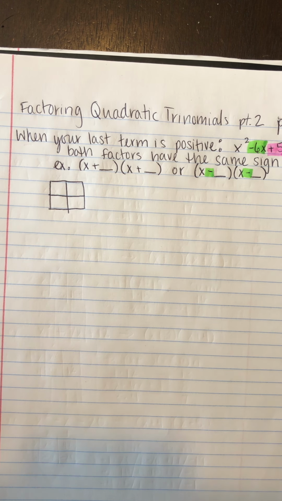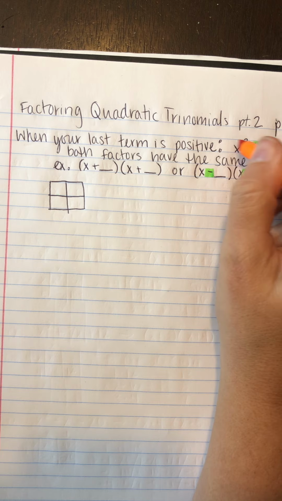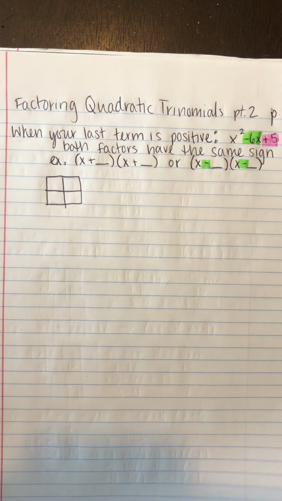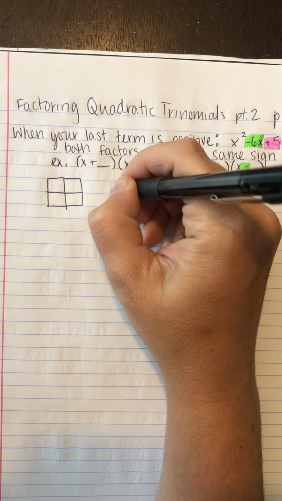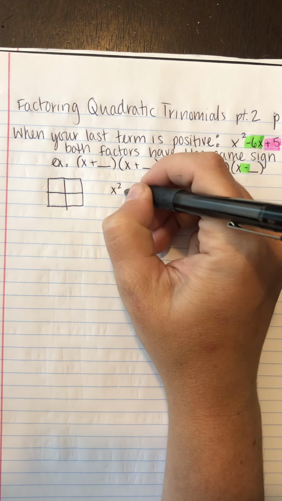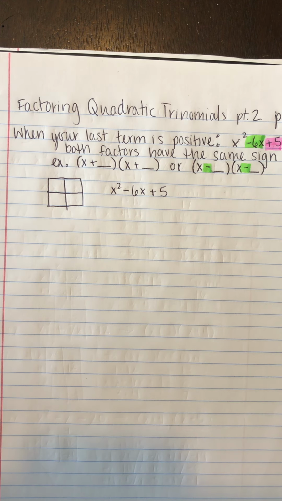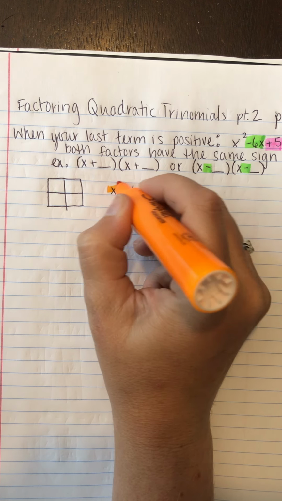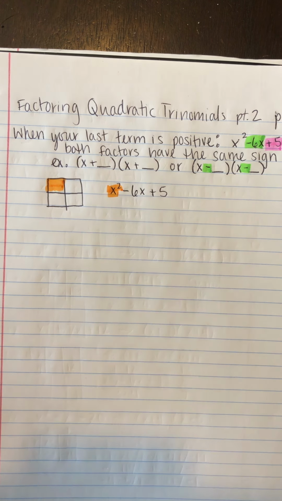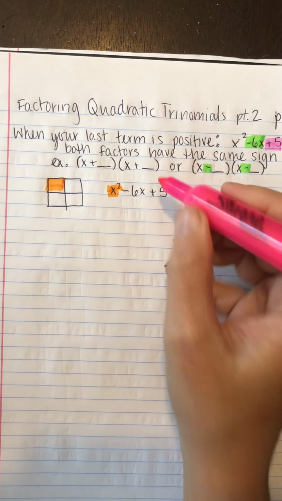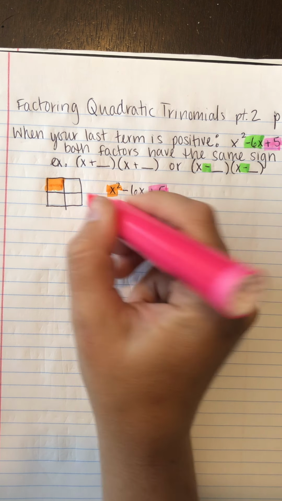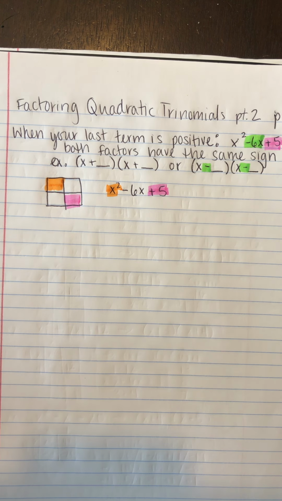We're still going to be putting that first term, the x squared. I'll rewrite it for us. So we have x squared minus 6x plus 5. All right. So we're still going to be putting this first term here in the first box, and we're still going to be putting our last term in the last box.